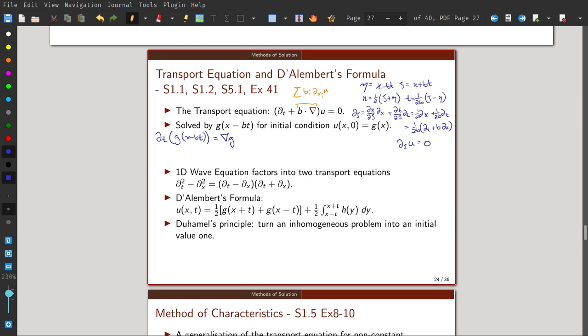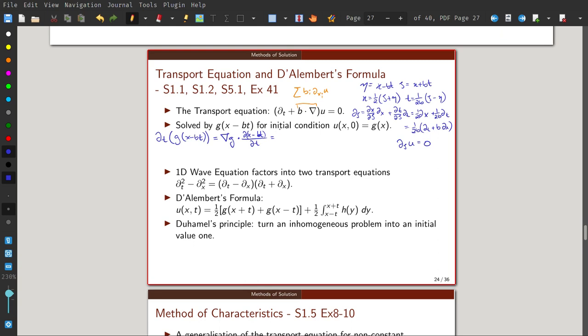And what I want to say here is that this is over the space coordinates. We do this often where this gradient, like up here, is only over the space coordinates and the time coordinate is kept separately. Dot product with the partial derivative of x minus bt with respect to t.